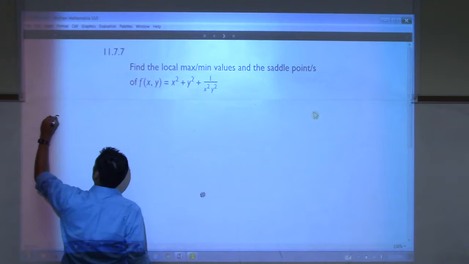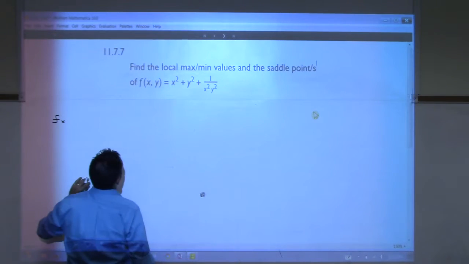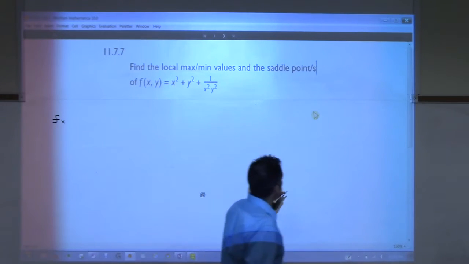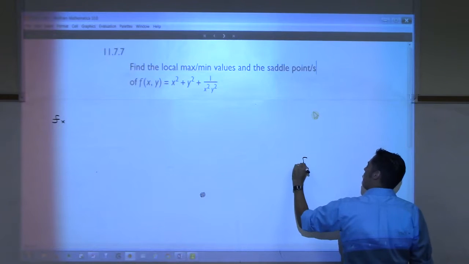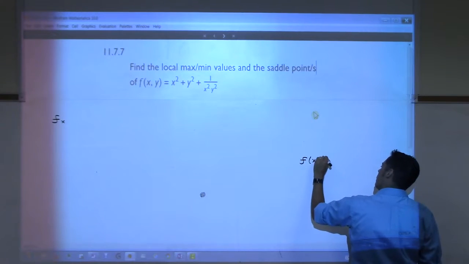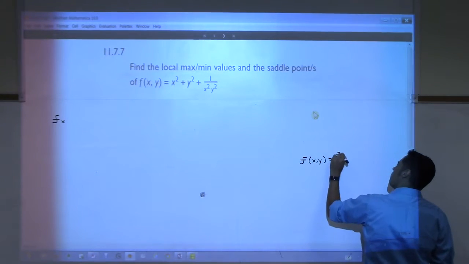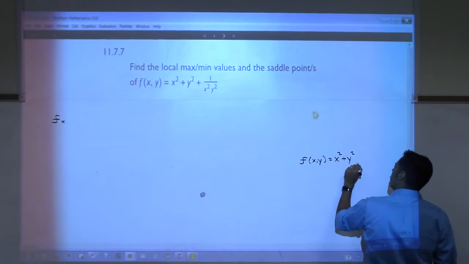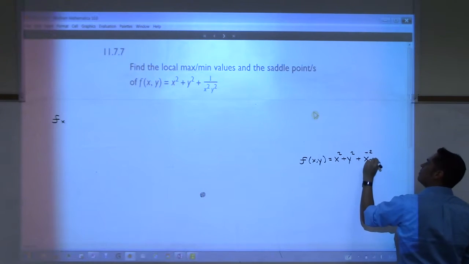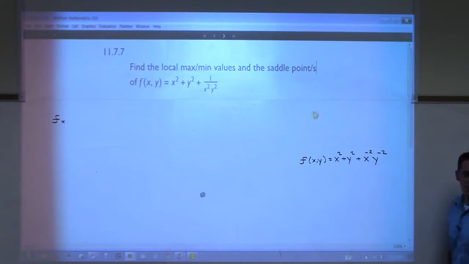So for my partial with respect to x, I suggest you look at this function, f of x, y, as being x squared plus y squared plus x to the negative 2, y to the negative 2. That's the way I suggest you look at that. Bring both those factors in the bottom up. It's easier to do differentiation on this.